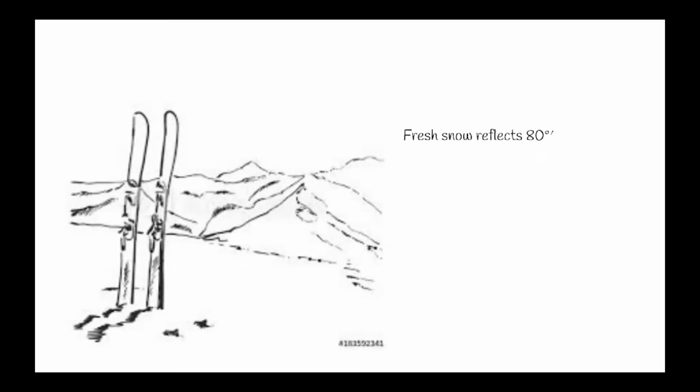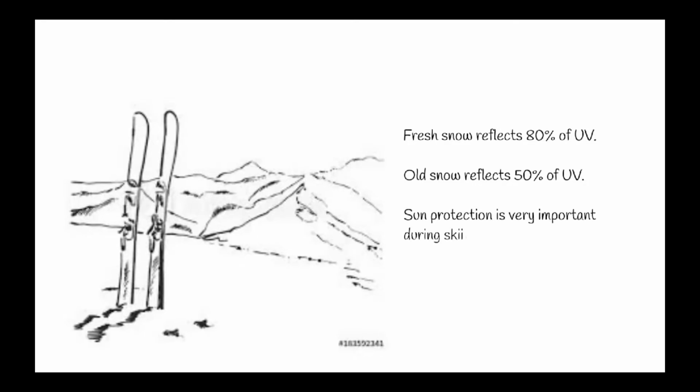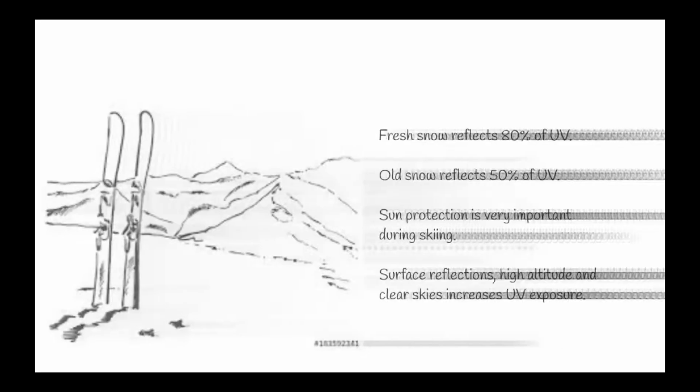Fresh snow reflects 80% of UV, while old snow reflects 50% of UV. Sun protection is very important during skiing. Surface reflections, high altitude, and clear skies increase UV exposure.